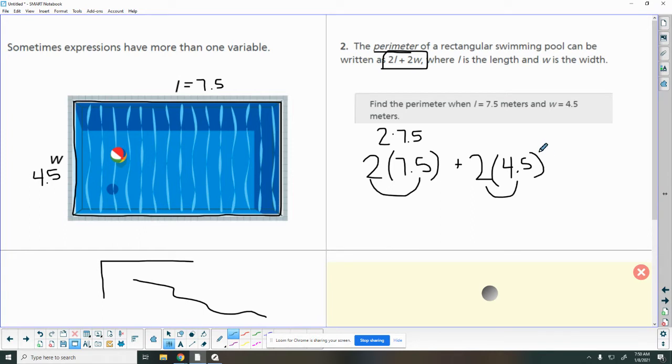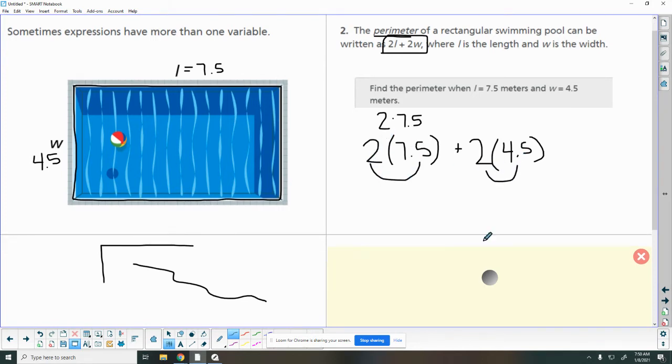Since we're following our order of operations, we have to do our groups or exponents, and then we have to multiply. Then we can add these 2 answers together, which will tell us the perimeter of our pool.